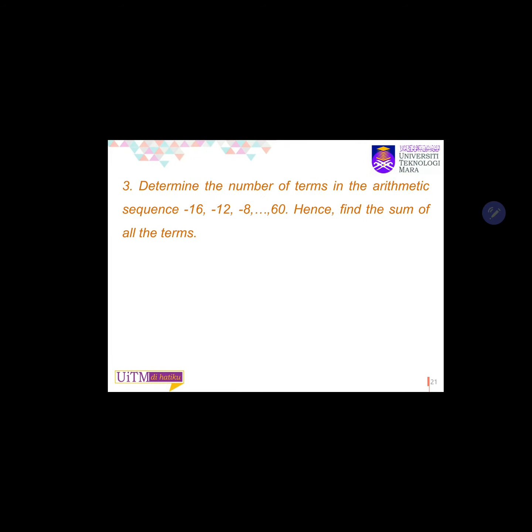Okay, let's look at the next one. So we have this sequence. Okay, so you need to determine the number of terms. So how many terms do we have in this sequence?